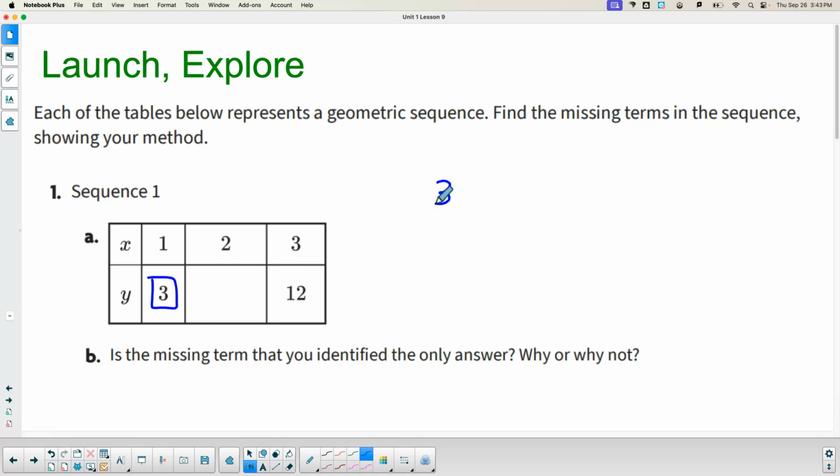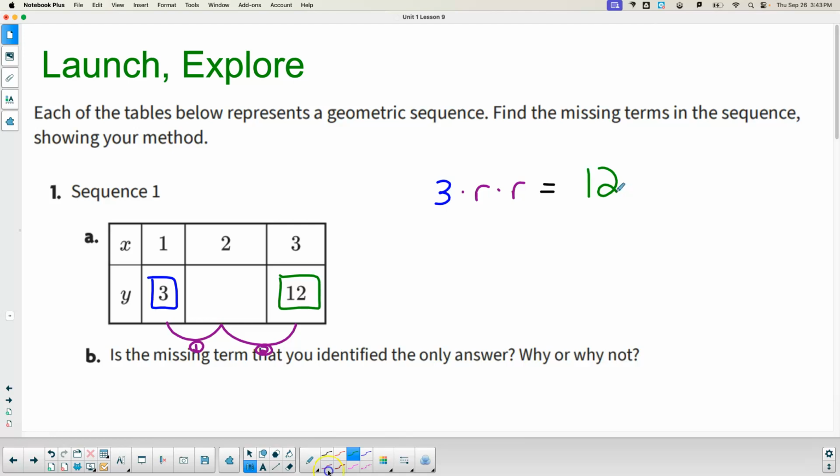Then we count the number of jumps. Here was 1 jump, here was the 2nd jump. Each jump is when we multiply by r. And that then is going to equal the term where we're at, or the last term that we have.